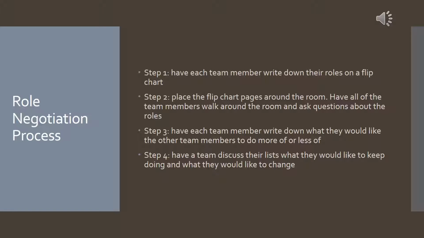And then step 3, after walking around and reading other people's job tasks, each member will take their own sheet of paper and write down what they would like more or less of from each team member. And then finally, you'll have a team discussion where they can list their likes and their dislikes, what they would like to do more of or less of, and what they would like to change.